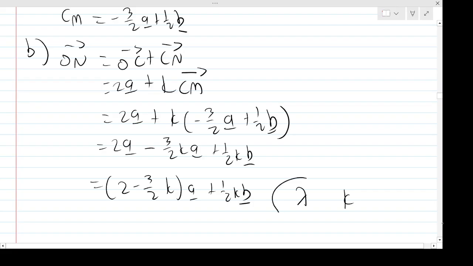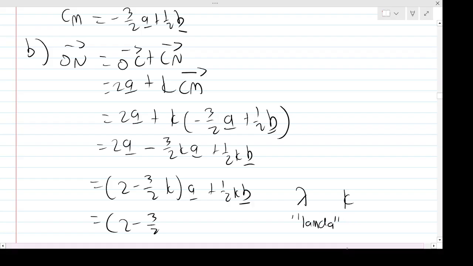The question decided to use this letter instead, but they're both just letters. This letter is called lambda. Hopefully I spelled that right.